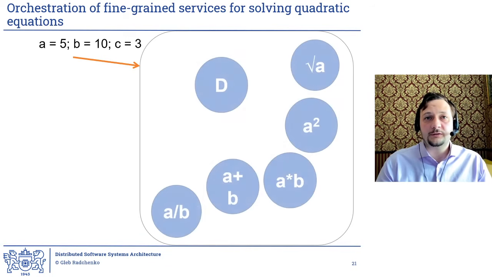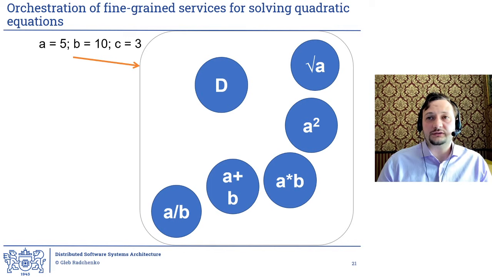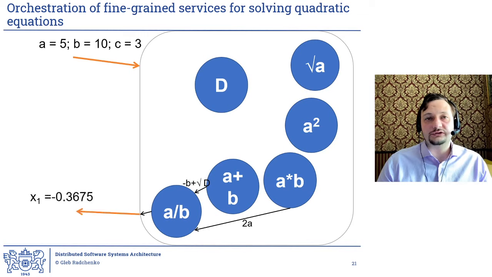For example, we can implement the square root service, the multiplication service, addition service, division service, squaring service. And to solve this equation, we need to orchestrate the work of all these services together, so these services provide you the result that you want.